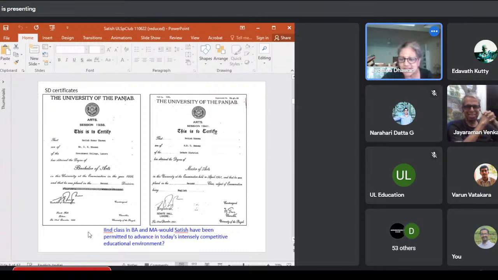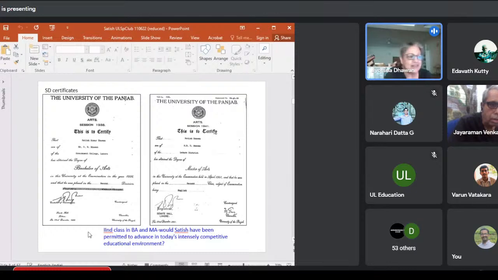It's very difficult, right? So everybody today is expected to have 99, 95% on everything and be first class first in everything in order to get any opportunity. So maybe we need to rethink whether a person with such qualifications would have been able to progress today.